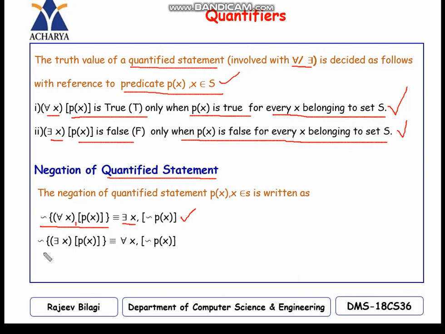Next, negation of for some x P of x is logically equivalent to for all x, negation of P of x. So for some becomes for all, and P of x becomes negation of P of x.